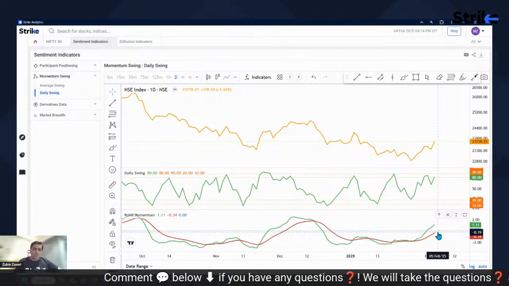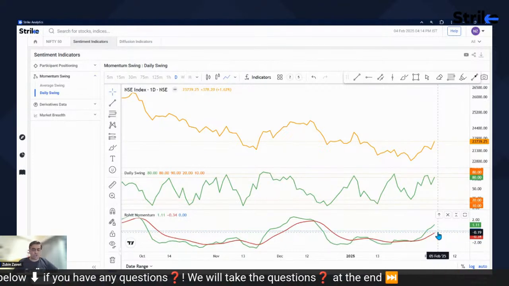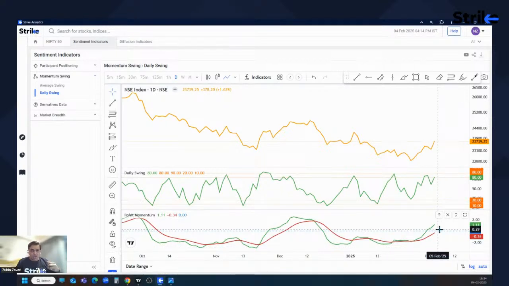Now for all the stocks in the F&O segment, what percentage of F&O stocks, their respective RMI, are they rising or are they declining? So this daily swing indicator, which is right now indicating 80, means that 80% of the F&O stocks, their respective RMI is rising from yesterday's close. Did you all understand?